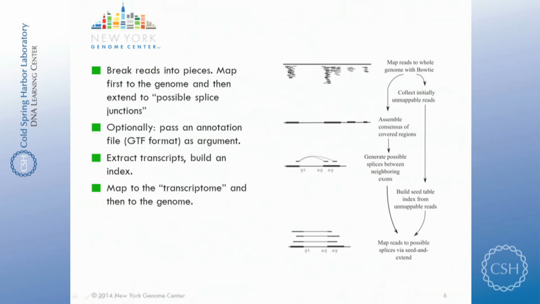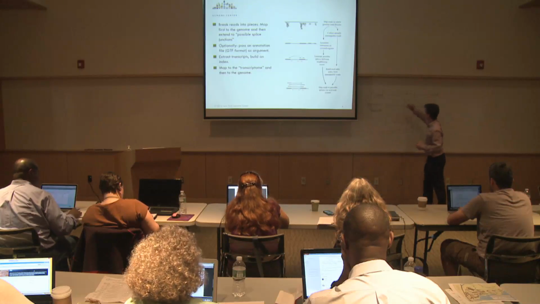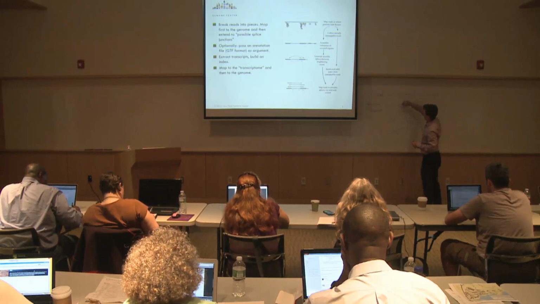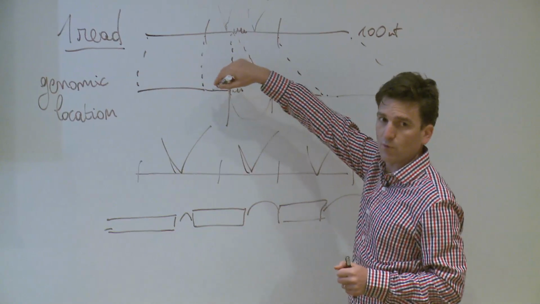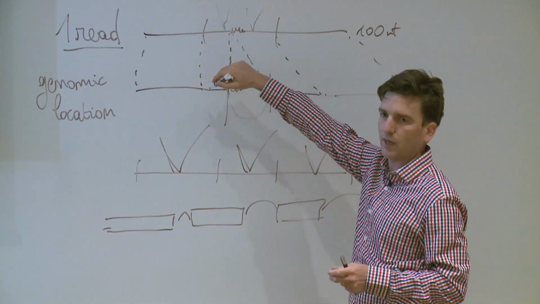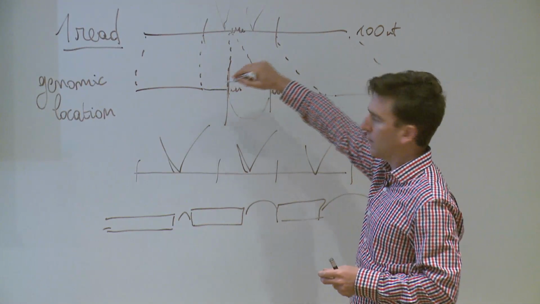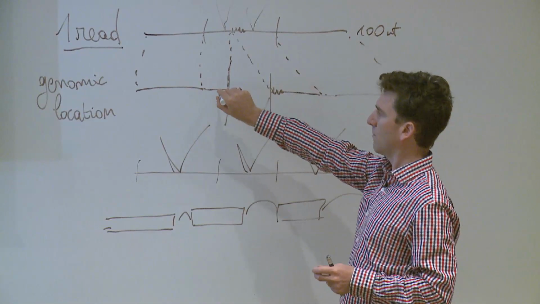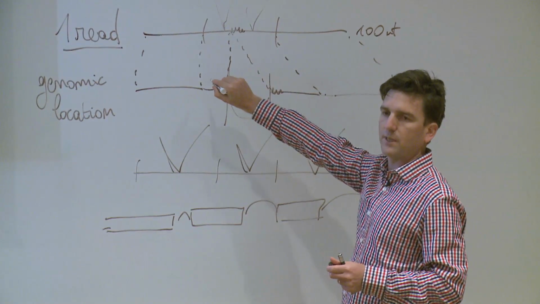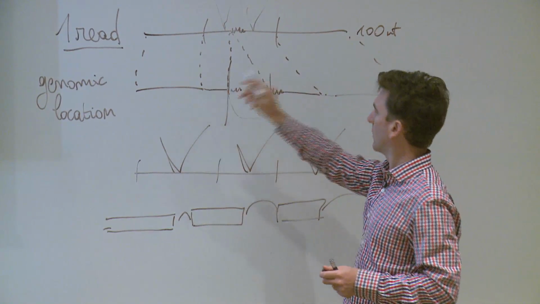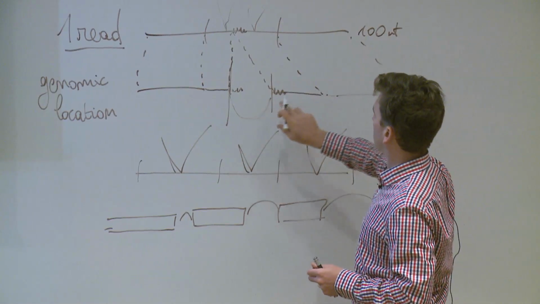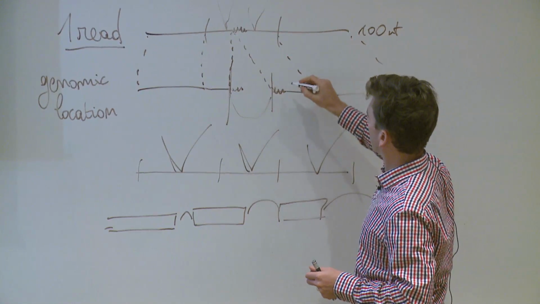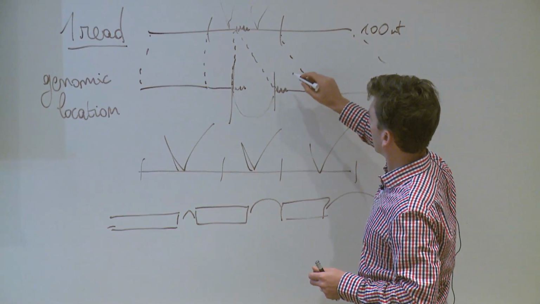Okay, so to get back to my example, here there might be a small fragment, maybe a few nucleotides, and so there could actually be multiple possibilities to map this.